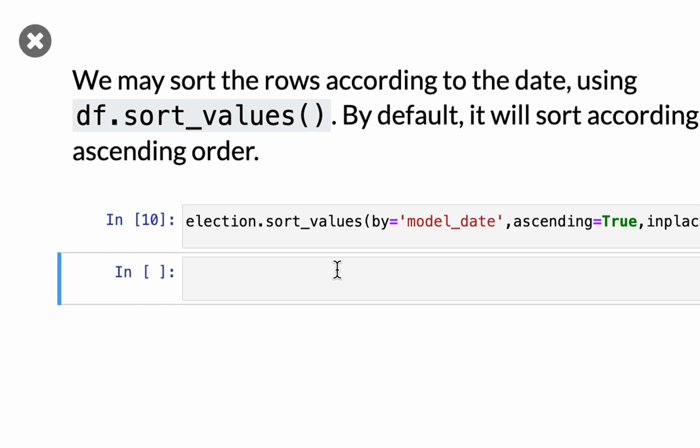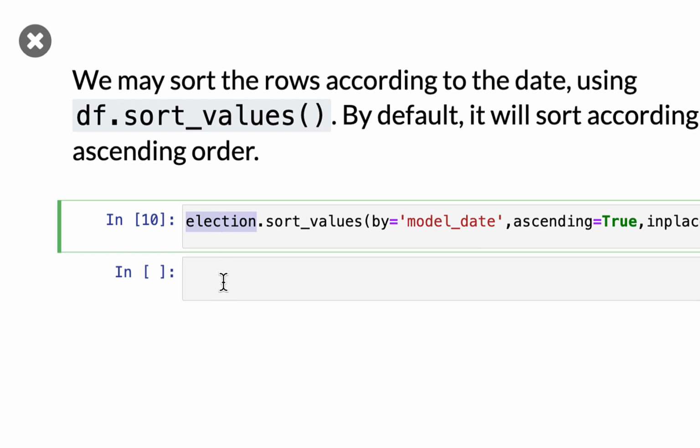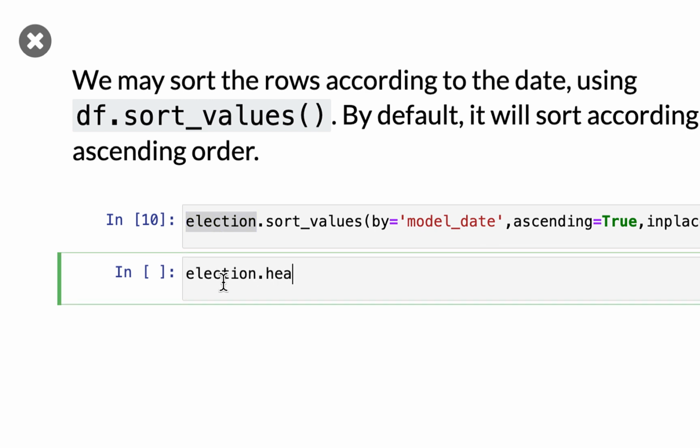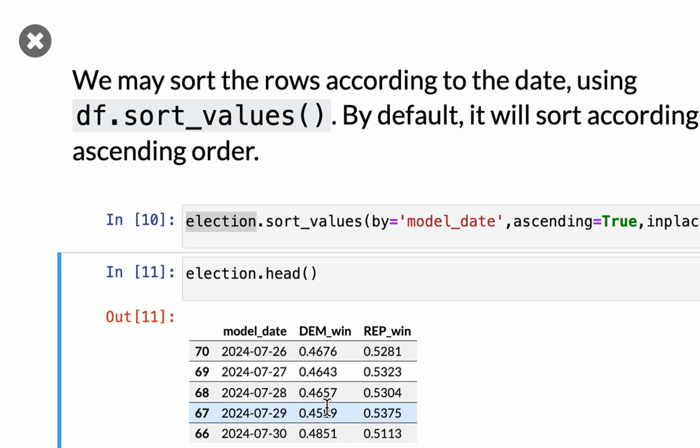And then let me do election.head to examine the data again. Now, things actually have changed in terms of the order in which the records appear in the table. So now it's the most remote date; the data set, by the way, starts from July 26th of this year as the earliest date.